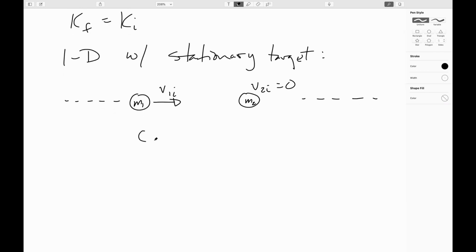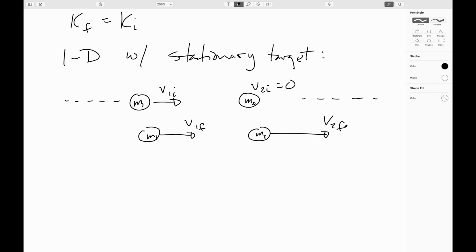So I'm going to be assuming mathematically that the objects are heading to the right. If we solve and get negative answers, that's not the end of the world. That means the object is actually going to the left. But we know that if this is a big heavy thing and it hits a little thing, the little thing's going to go flying and the big thing's going to keep on trucking. So there are at least situations where it will be like this.